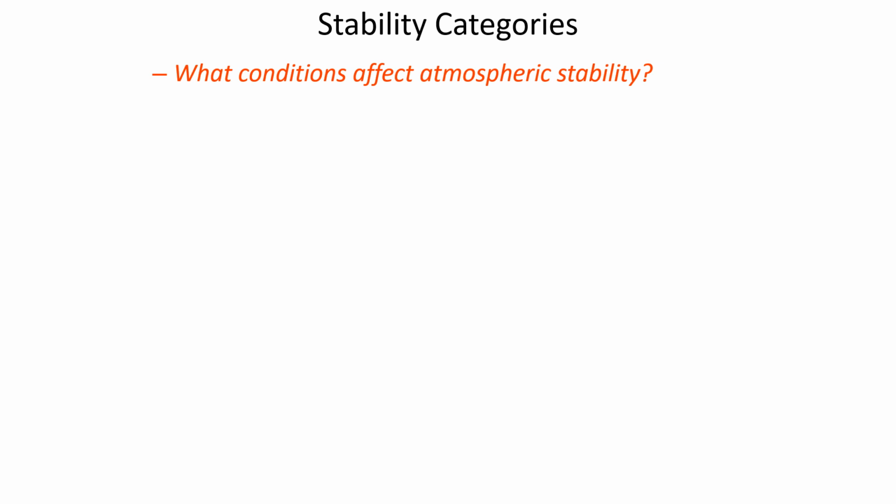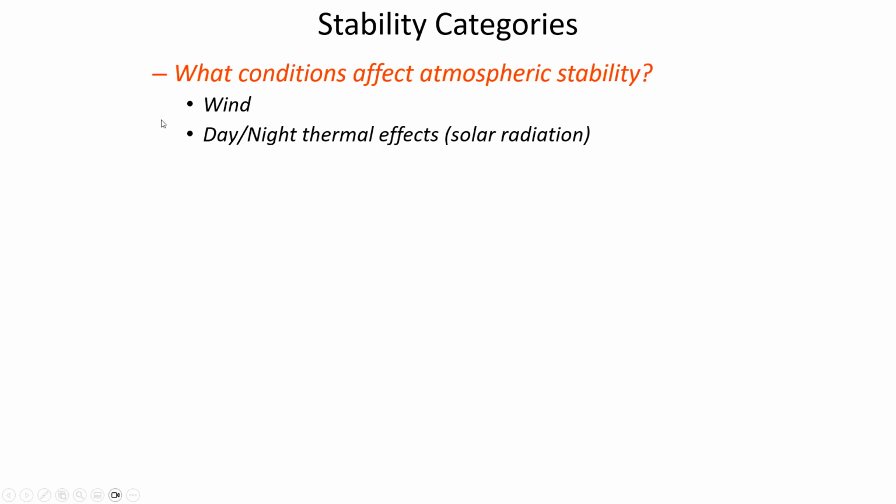So let's talk a little bit more about atmospheric conditions, because that's part of it. Whether the plume is going to be looping, or whether the plume spreads out like a fan, or maybe if there's an inversion, that could cause kind of like a hard cap that the pollution's not able to disperse above. So the things that we're interested to know about would be wind speed and thermal effects.